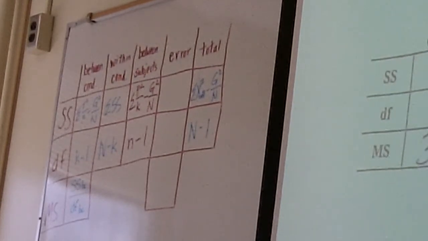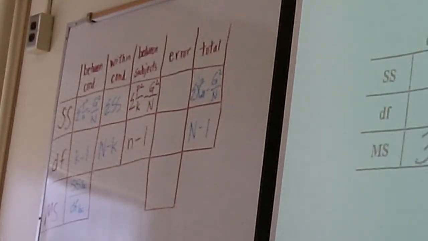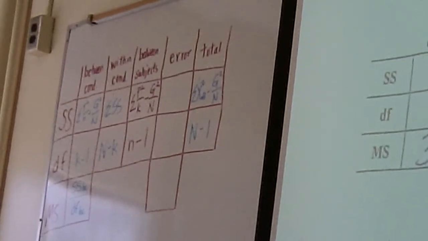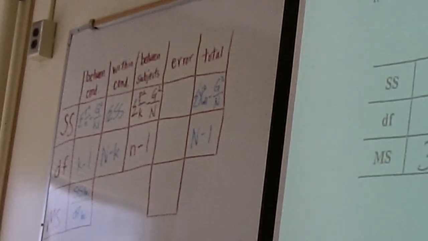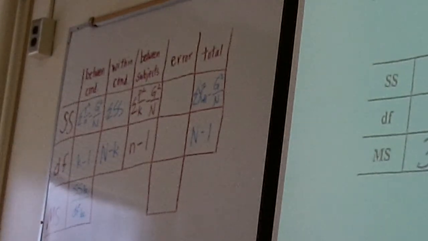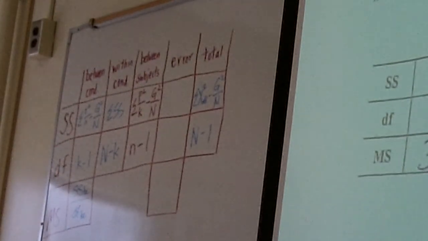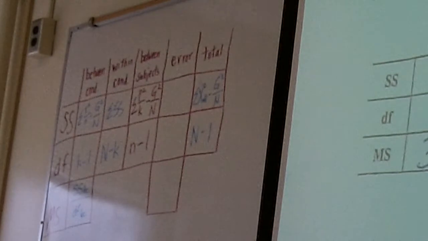N common. It's the same number of subjects in every condition, because this is related group. So this is N common. How many subjects do we have in each condition? So 5 minus 1 is 4.